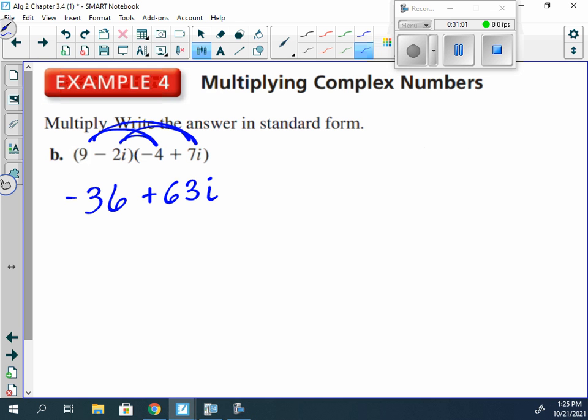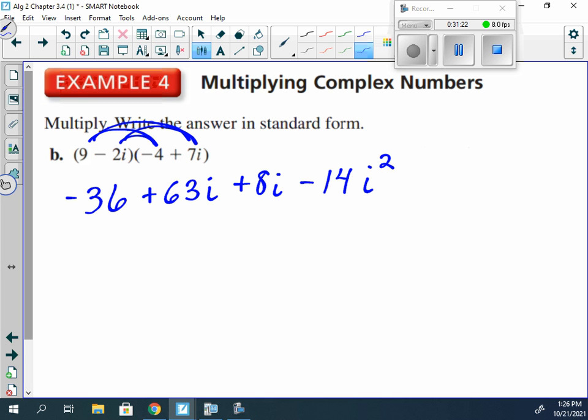Negative 2i times negative 4 would be plus 8i. And negative 2i times 7i, negative 2 times 7 would be negative 14. i times i would be i squared. Now we said i squared is negative 1, yes?